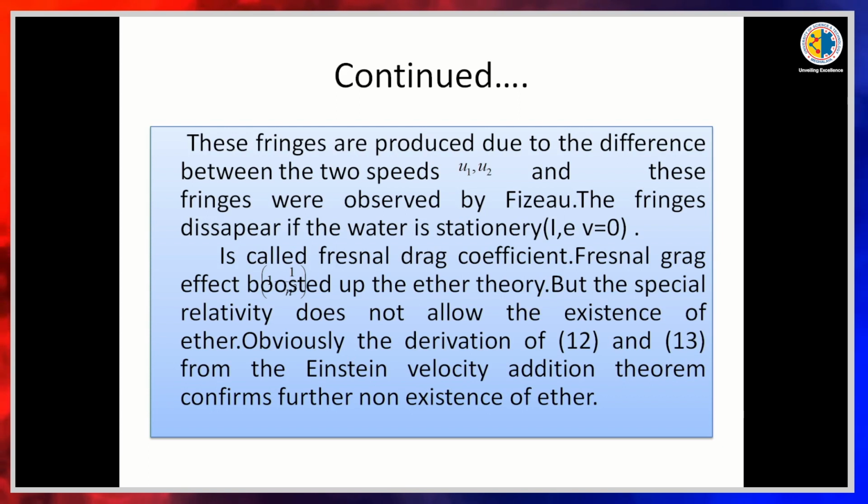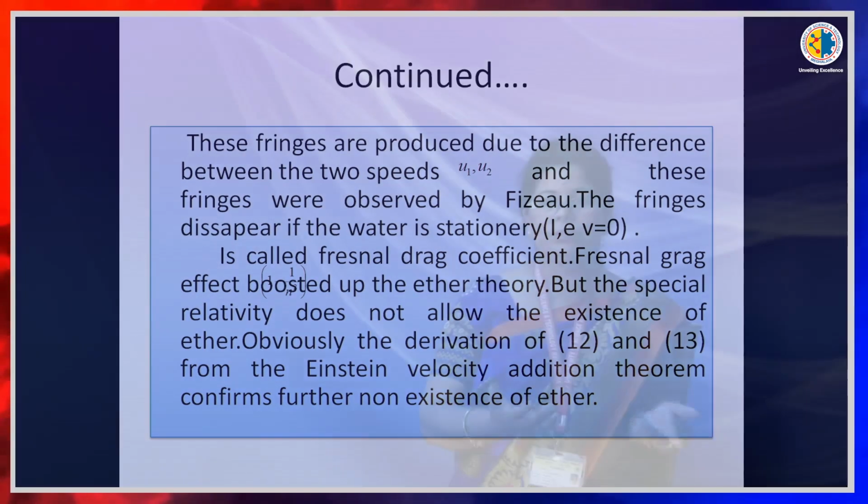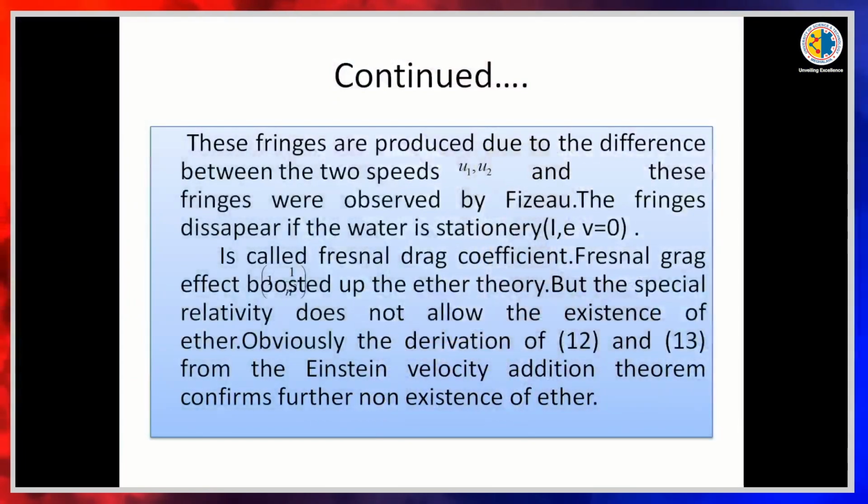So, 1 minus 1 by N square is known as the Fresnel drag coefficient. The Fresnel drag effect boosted up the ether theory. Already we discussed the ether theory and saw through the Michelson-Morley experiment that ether does not exist. The same type of result we get here, but special relativity does not allow the existence of ether.